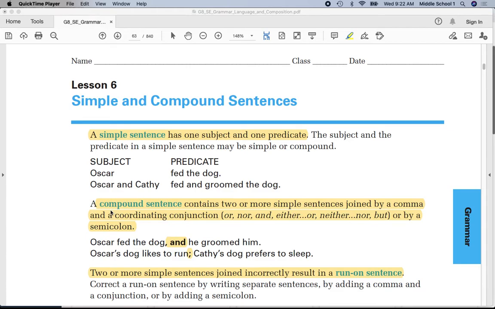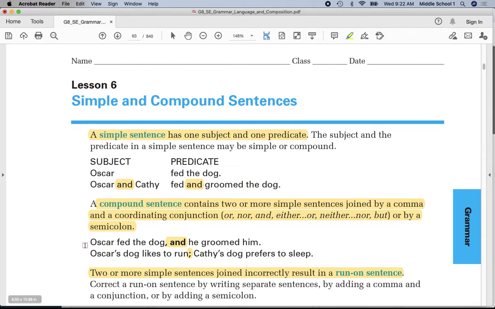Second definition. A compound sentence contains 2 or more simple sentences joined by a comma and a coordinating conjunction. We looked at these when we were looking at combining our predicates and subjects, like "and" in the sample sentence up above. Oscar fed the dog. He groomed it.